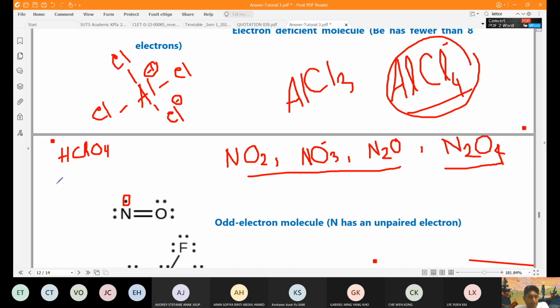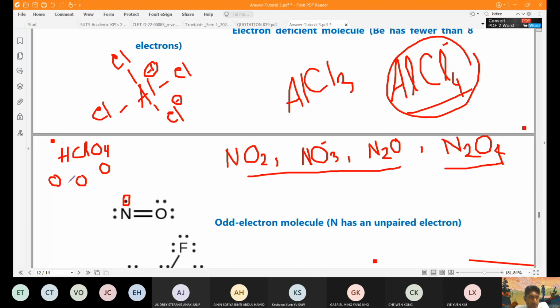This will break the rule of Lewis structure that an electronegative element cannot be in the middle or something like that. Here as well, there are hydrogen, chlorine, and oxygen. There are 4 oxygen, so we understand there will be 4 oxygen all around, somehow attached to one chlorine and hydrogen.